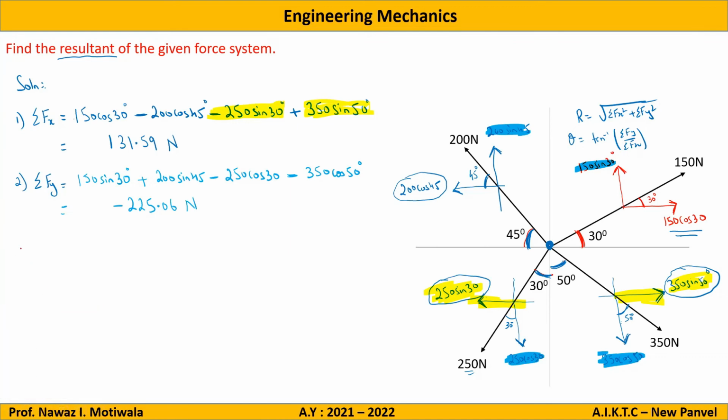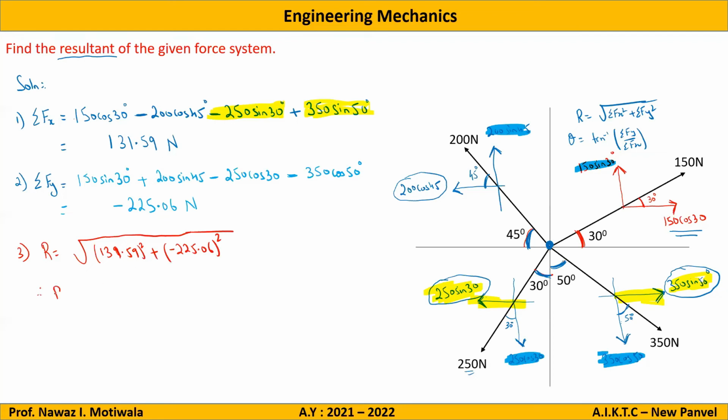So the last part is now the final answer. Third part, R is equal to square root of the summation of Fx squared plus summation of Fy squared. I will not write the formula because you know it. So it will be 131.59 squared plus minus 225.06 squared.